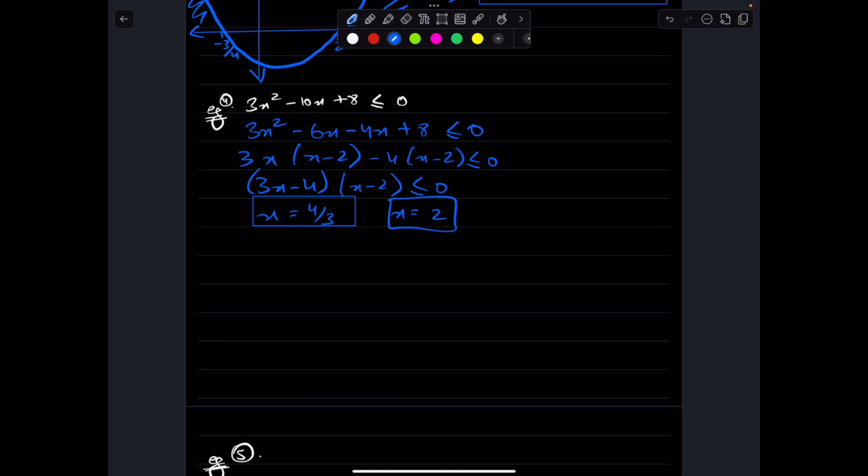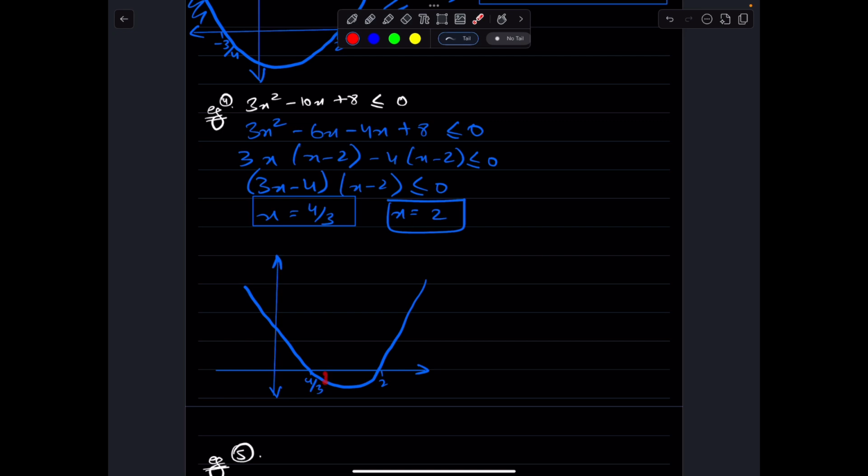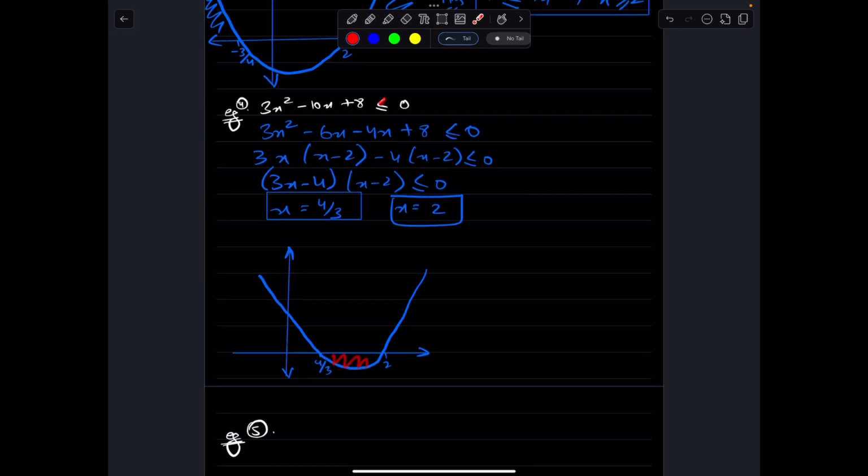So the graph, just a second, the second step would be to draw the graph, and it would look something like this. And the region we require would be below the x-axis, since this is a less than equals to sign.